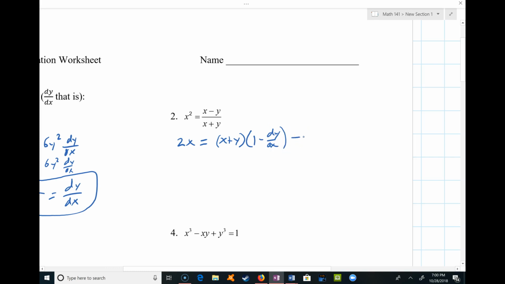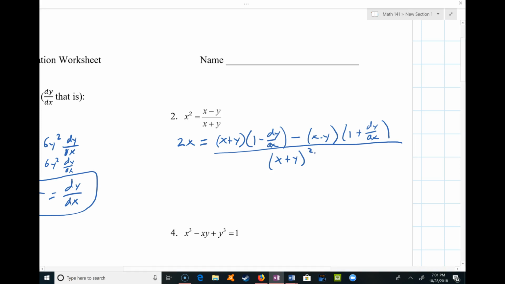Minus, let's see, low d high, high d low, which would be 1 plus dy dx. And then the bottom of that thing is going to be x plus y squared.